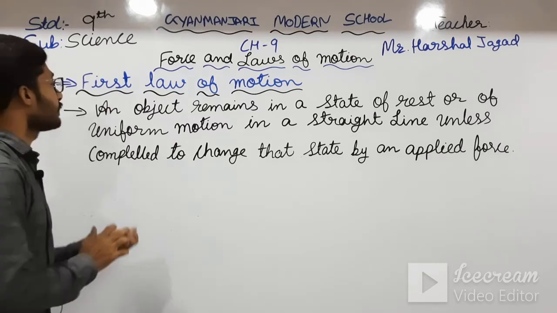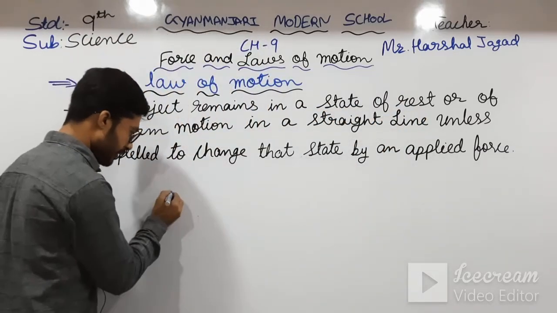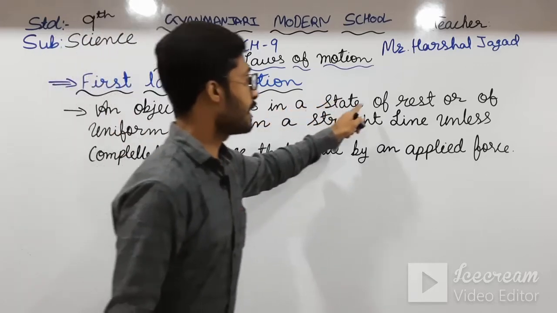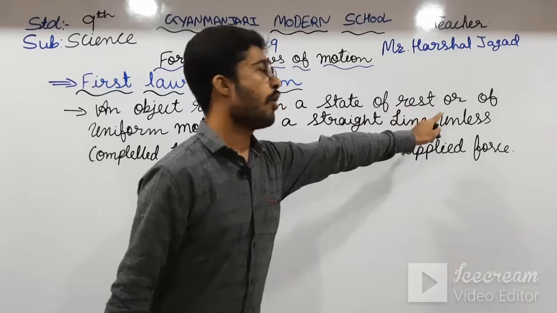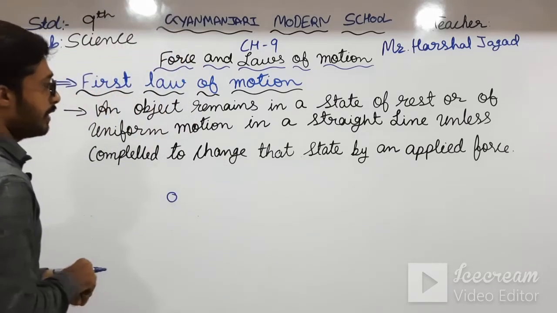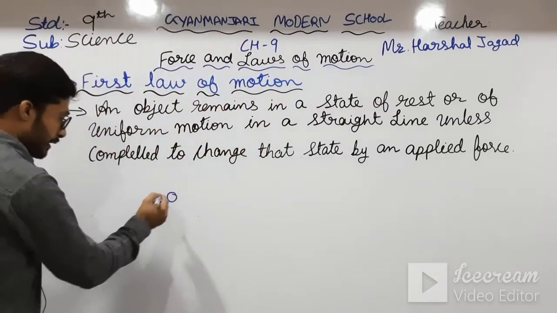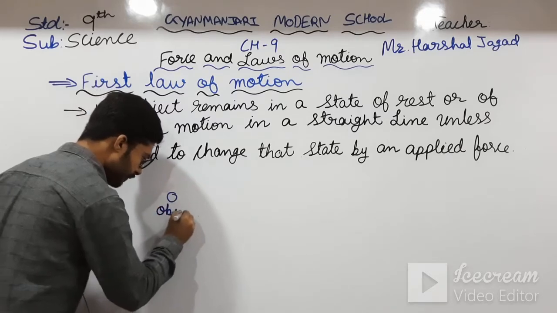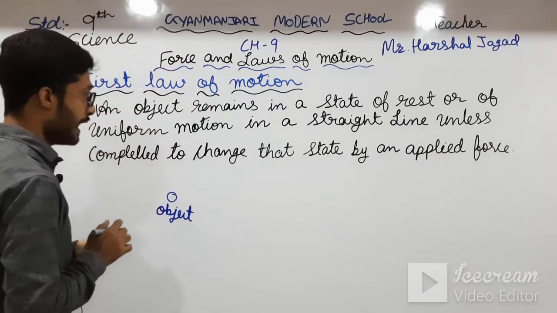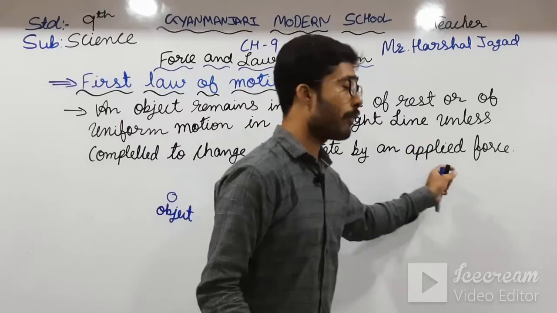Let us read that. An object remains in a state of rest, means if I say this is an object, here is an object, and it is in a state of rest, it remains here only, unless compelled to change that state by an applied force.